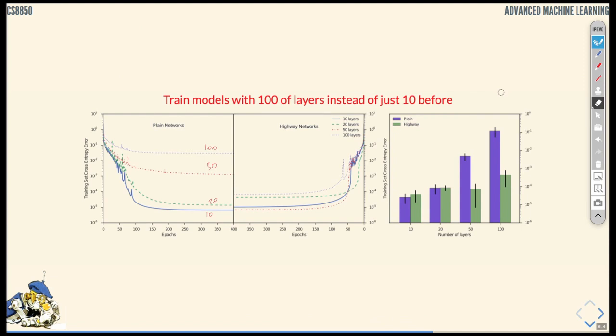And importantly as well, these networks, the highway networks of depth 100, were comparable in performance to fitnets from the previous slide, which were trained by mimicking a teacher.